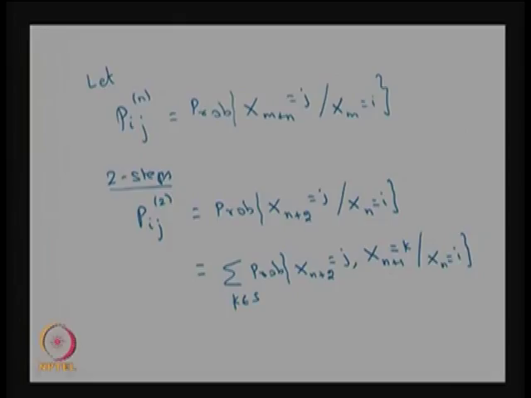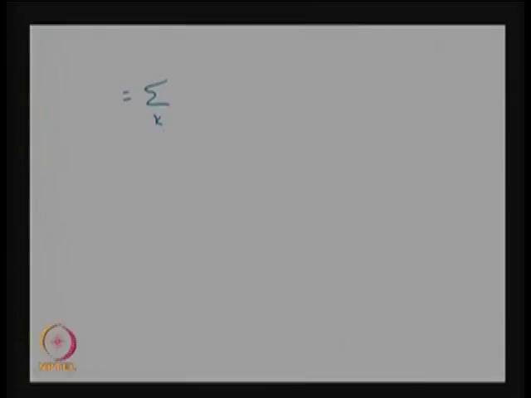Now, I can expand this as the sum over possible values of k of the probability that the system was in the state j in the (n+2)th step, the system was in the state k in the (n+1)th step, and the system was in the state i in the nth step, divided by the probability that in the nth step it is in the state i.